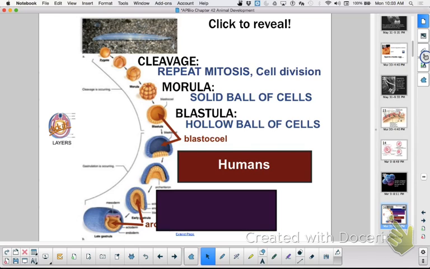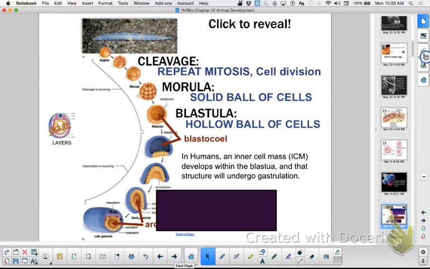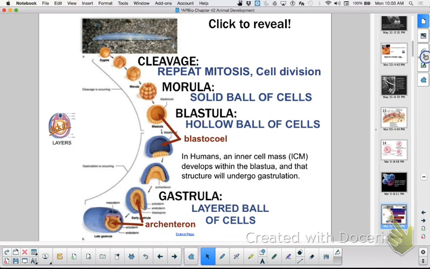Now, within this blastocele in humans, this is not human, okay? But in humans, we form what's called this inner cell mass, and the inner cell mass is actually going to be the baby, for us. So we don't see that here. This folding that you see right here, you're forming a gastrula, which is a layered ball of cells.